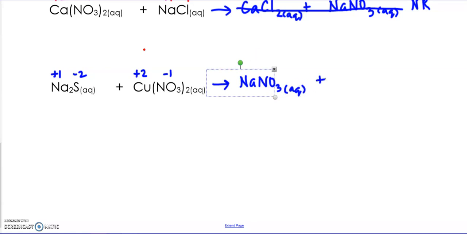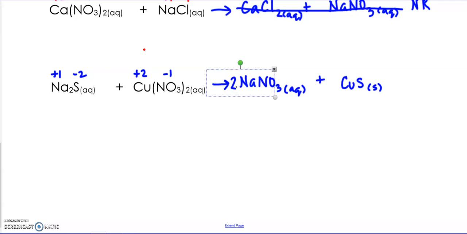And then copper with sulfur would be CuS because we've got +2 and -2. So then I look up sulfides. They are solids, insoluble. We do not have an exception here. So this would be a solid. And then the only other thing we need to do is balance this, which would need a 2 as a coefficient here.